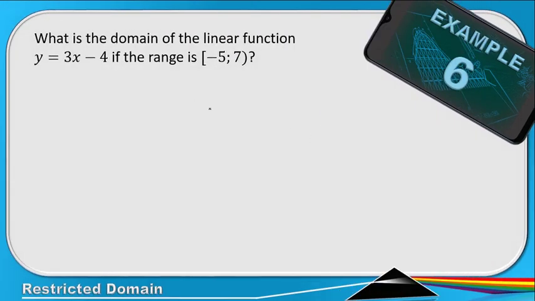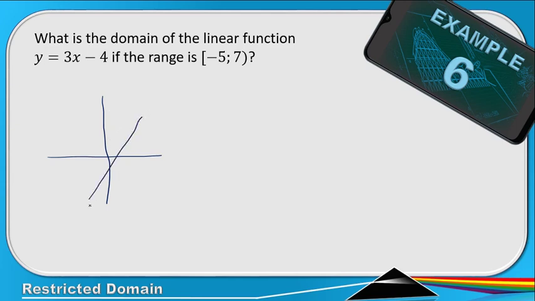And then for the final example, what is the domain of the linear function y equals 3x minus 4 if the range is from -5 inclusive up to 7 excluding 7? Alright, now if we look at the actual function, just to represent this graphically, just a very rough sketch of what this function might look like.